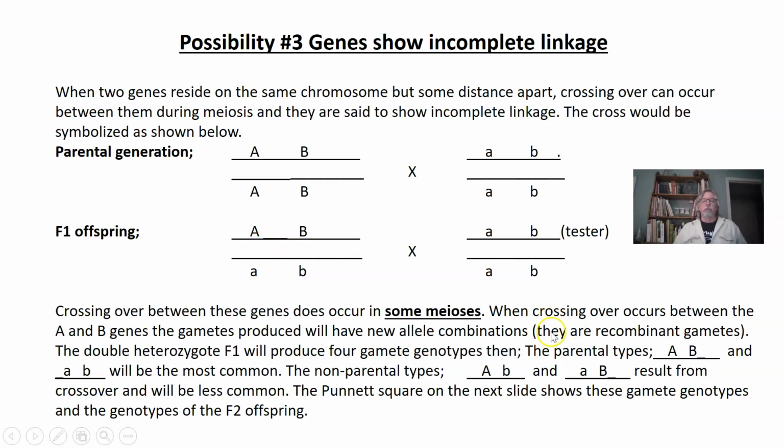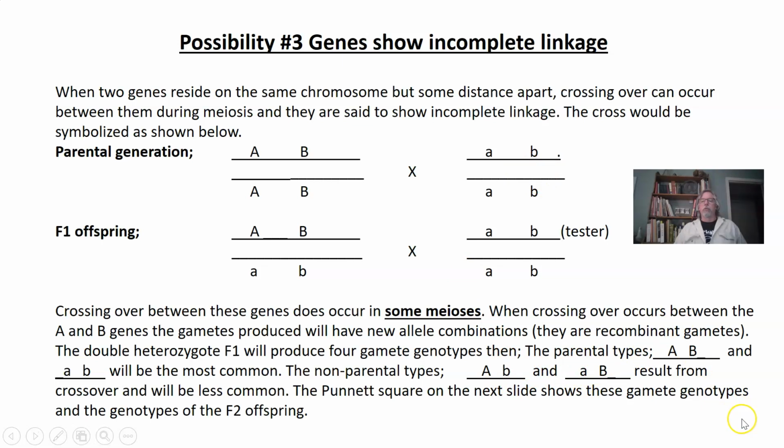That will produce some gametes that have little a with big B or big A with little b. Those will be crossover or recombinant gametes. In addition, there will be some gametes that have the parental combination, big A with big B, and little a with little b, right? Parental generation had both of those, but neither of these two.